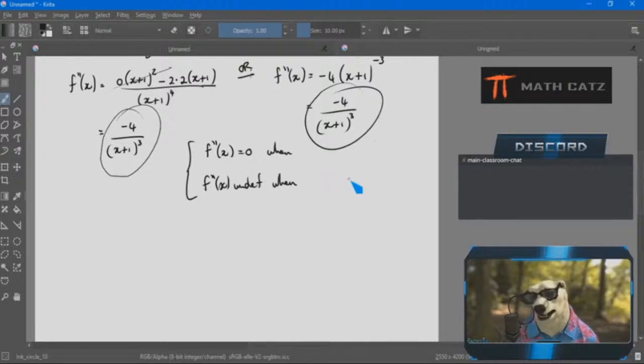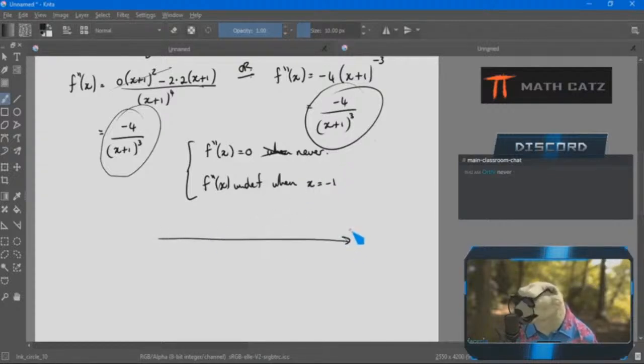This is your moment. Seize it. Never. See how we've learned? It's good. Never. Because there are no x's in the numerator, and only the numerator can make a fraction 0. It's undefined, clearly when x is negative 1. So, because these examples are fairly small, I get, again, just one contender.